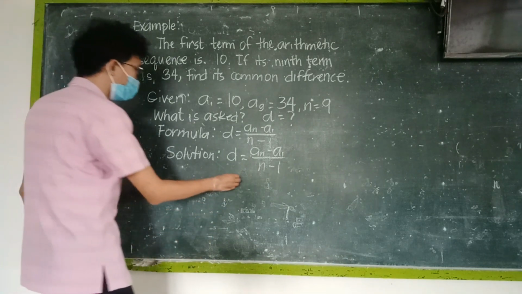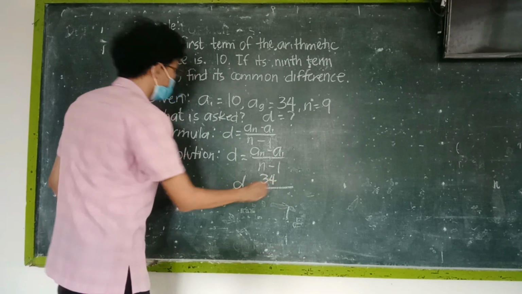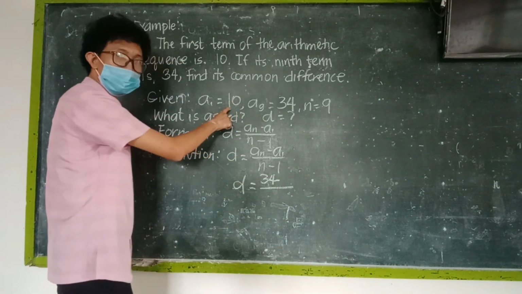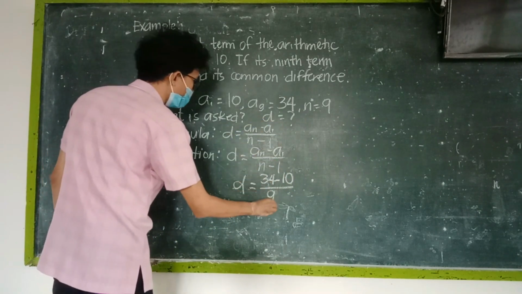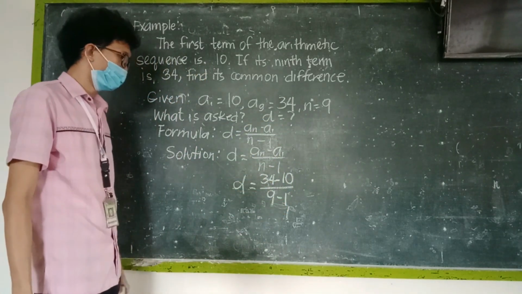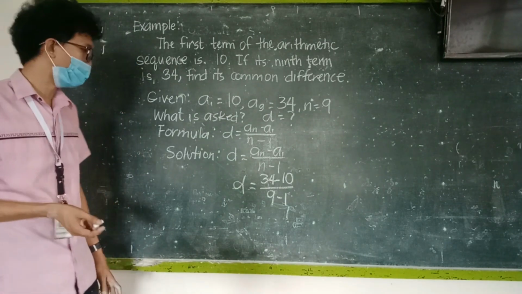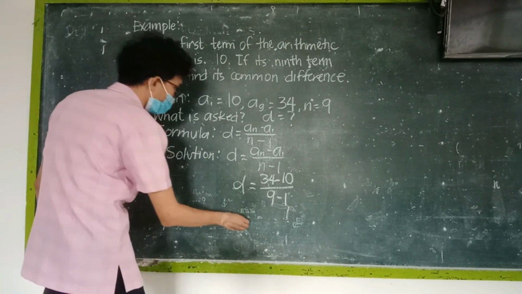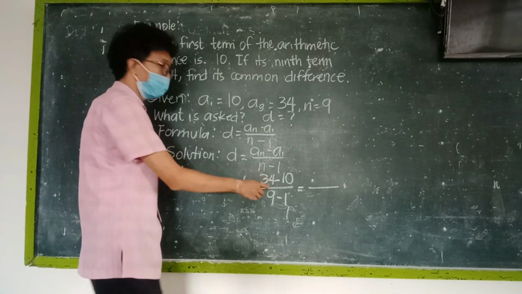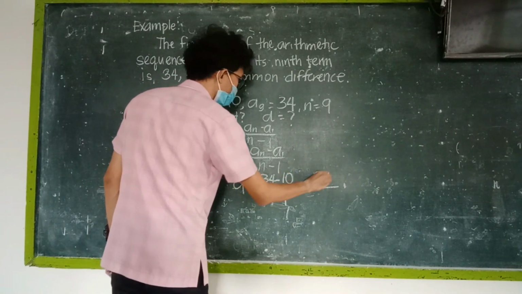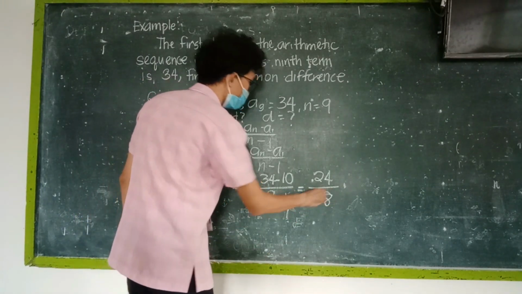So, ang A sub 9 natin is 34 minus a sub 1 natin kanina, which is 10, all over n natin 9 minus 1. We will do the process of PEMDAS pa rin dito sa ating problem. So we have D is equal to, dito na natin idudugtong, 34 minus 10 is equal to 24. 9 minus 1 is equal to 8.